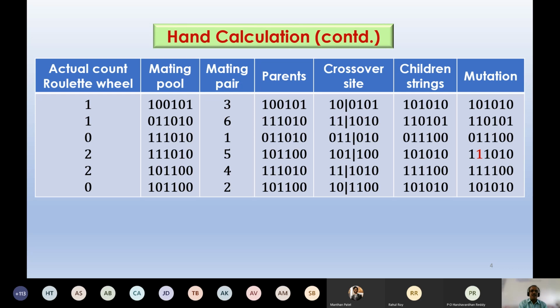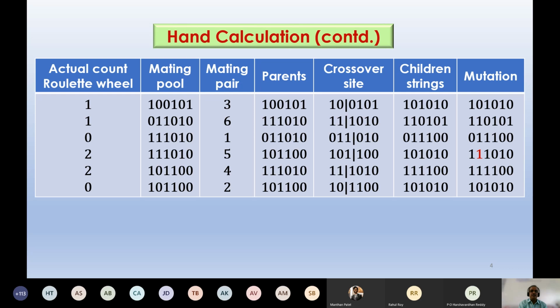Then next you concentrate here. The second string is going to meet with 6. 6 is going to meet with the second. Okay. So this 2 is going to meet with 6. So you copy this second one, that is 011010. After that you copy the sixth one, 101100. Okay. Then the fourth one is going to meet with fifth.